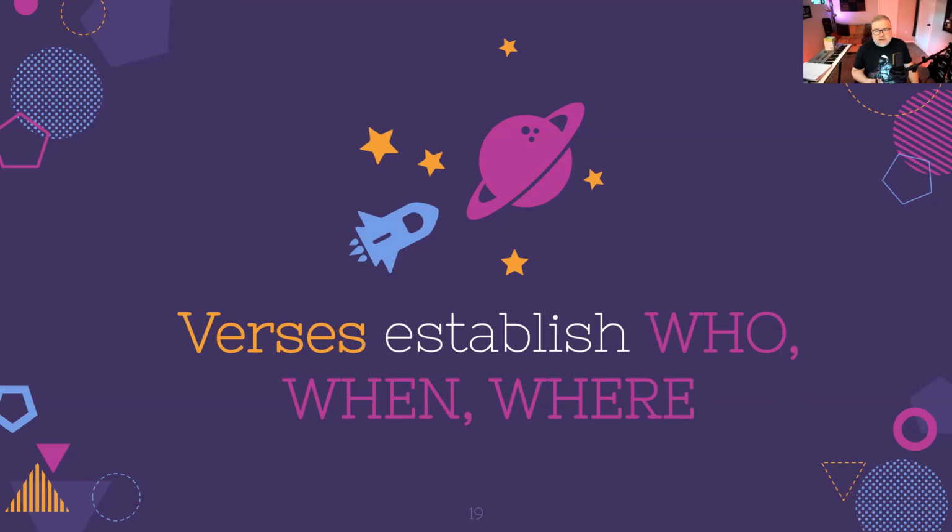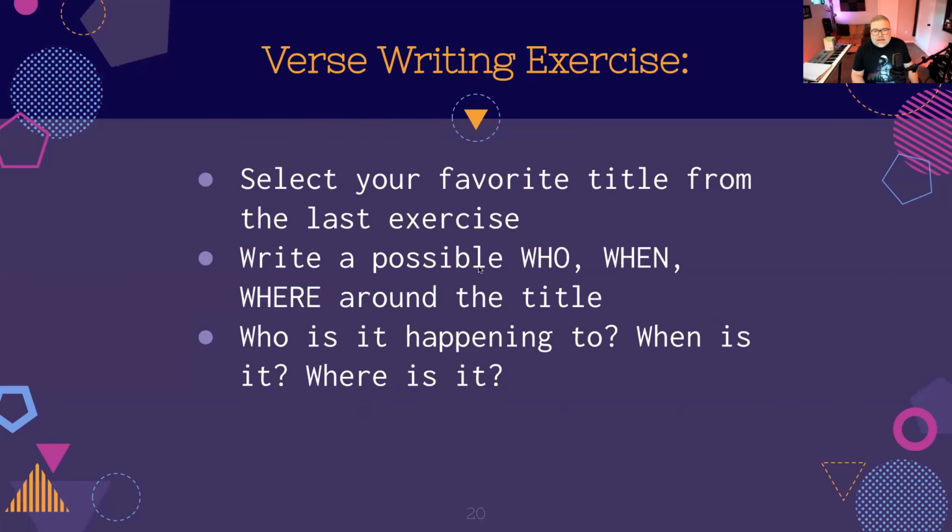So when you're songwriting, verses usually will establish and advance a who, a when, and a where within your song. So that's usually a person, a place, or a time. And the idea here is to take the title that you had selected in the last process and write a possible who, when, and where around that title.